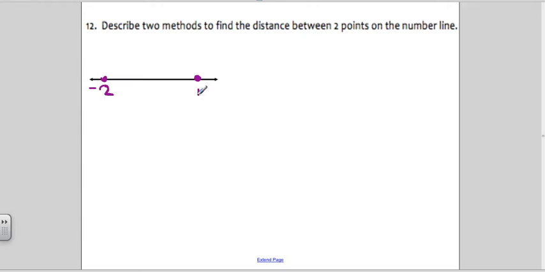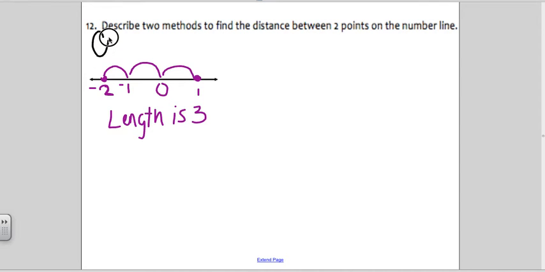So I could go to -1, then 0, then to +1. So I know my length would be 3. So my first method is really just a counting method.